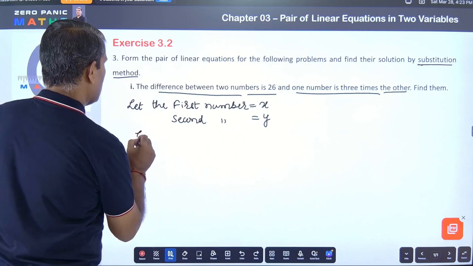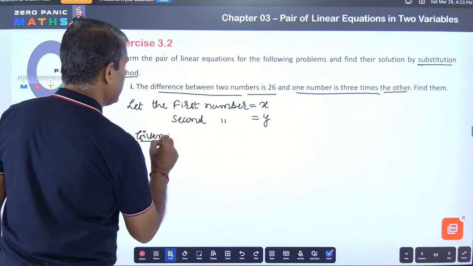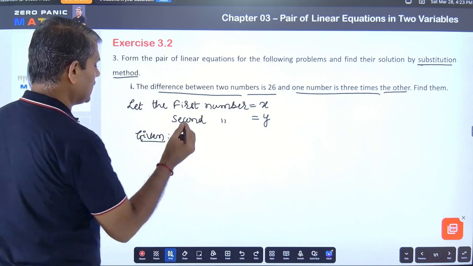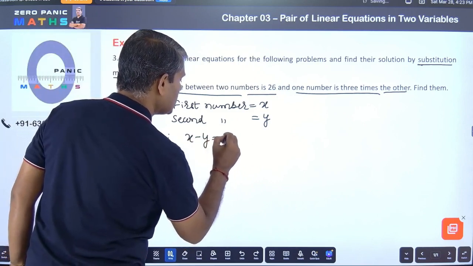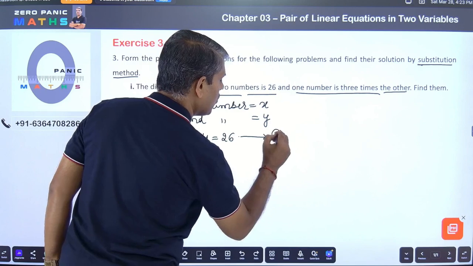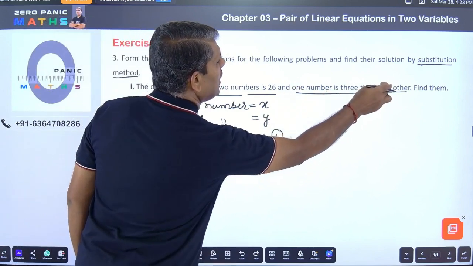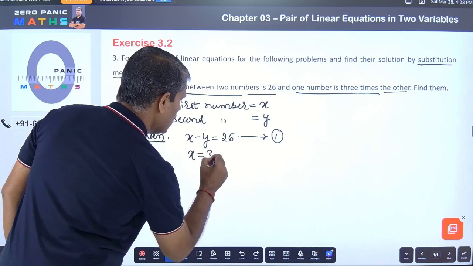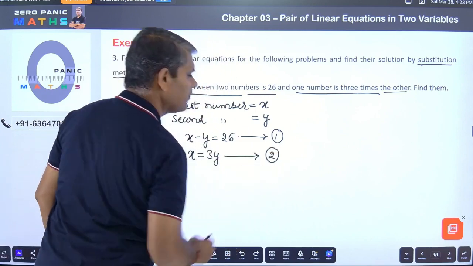So from the given problem statement, the difference between the two numbers is 26. So I can say x minus y is equal to 26 is my equation 1, and one number is 3 times the other one. So the second one is x is equal to 3y, my second equation.